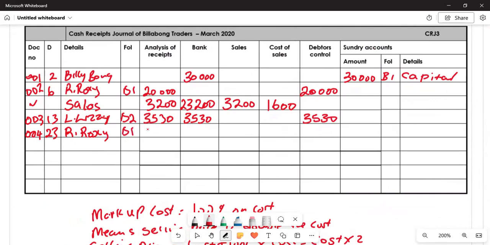And then how much we received? 16,830, which is going to go into our bank, 16,830. And then we received it from our debtor, Roxy, 16,830. So that is that about our cash receipt journal.